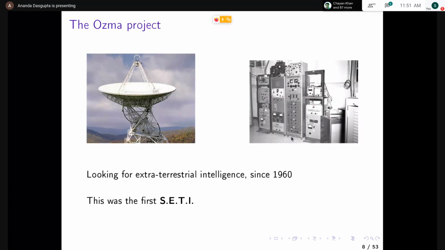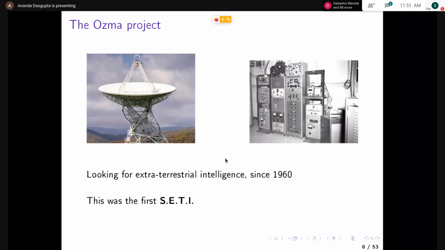But let me just tell you why it was called Ozma. Some of you may be aware of this. There's a wonderful set of children's tales called The Wizard of Oz. There are around 14 books written by L. Frank Baum. And in this, Ozma is the name of the princess of this land of Oz.